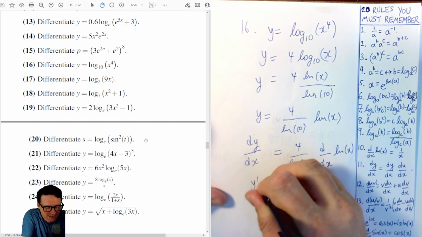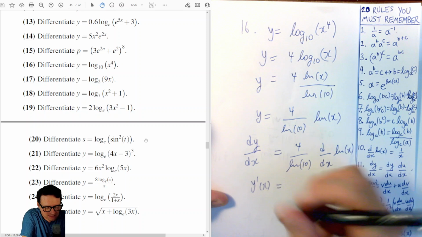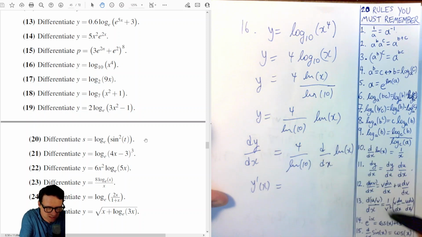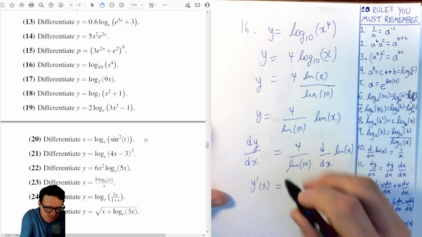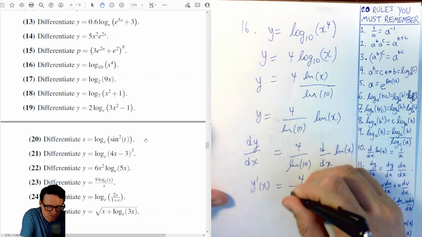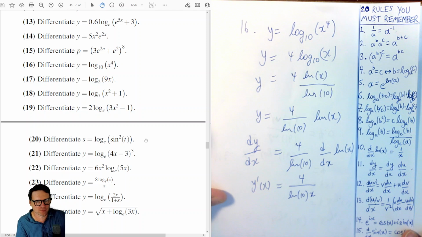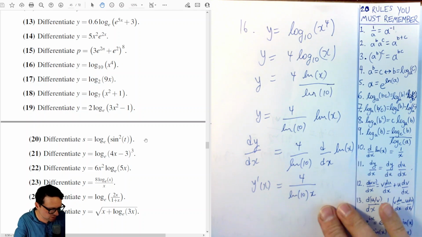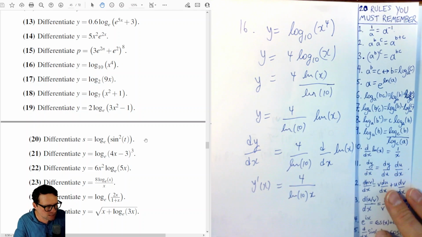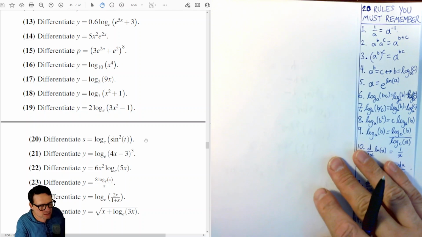So we've got y dash of x is equal to 4 over ln 10 times 1 over x, which we can write as 4 over ln 10 multiplied by x. Okay, well that one was easy in my opinion. Let's move on to question 17.